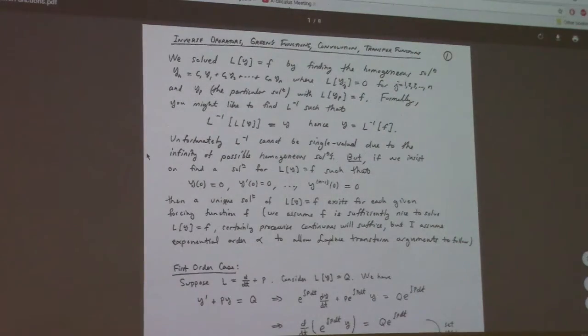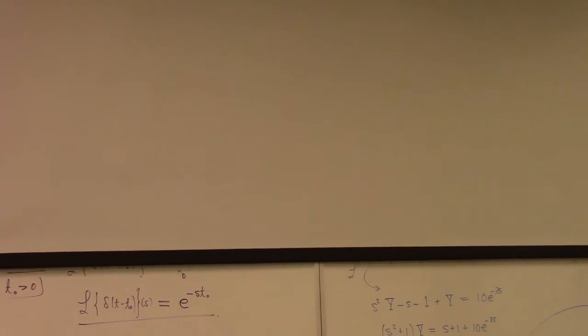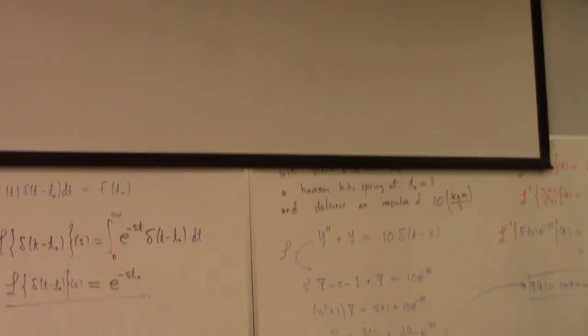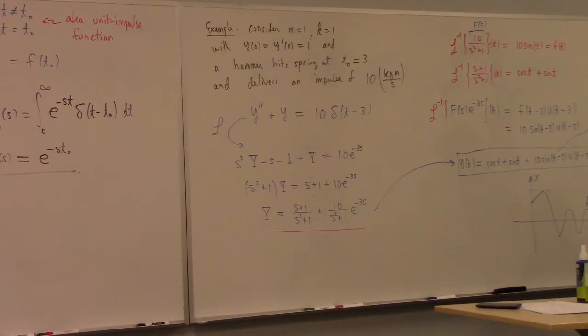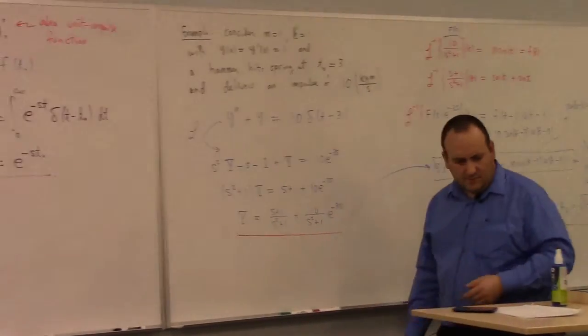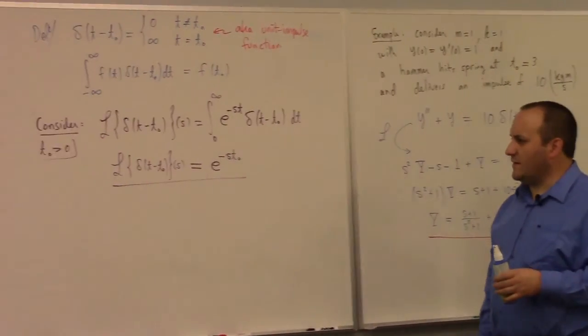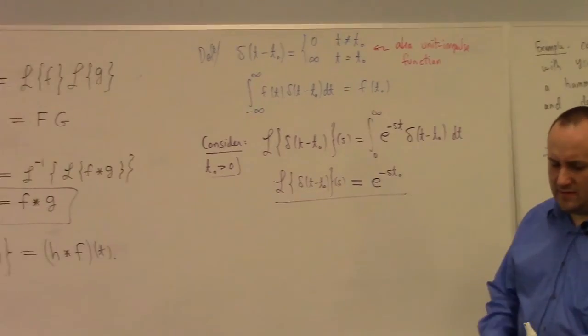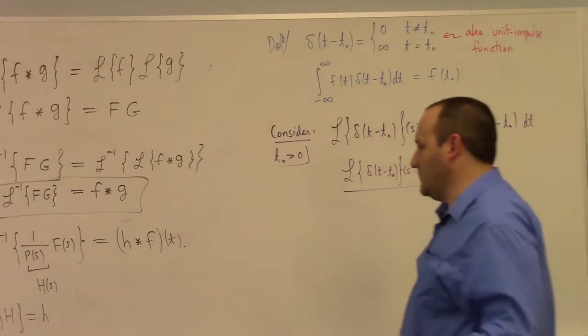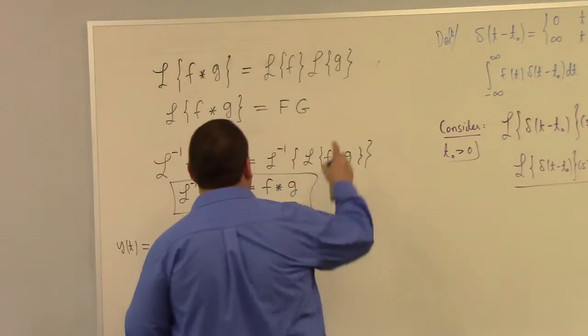There it is. Now, I skipped the first couple pages of this, which are about Green's functions, because I didn't make them part of the required content in this course. I would like you to know what the transfer function is and what we did just now, but I don't expect you to use it as a solution technique.